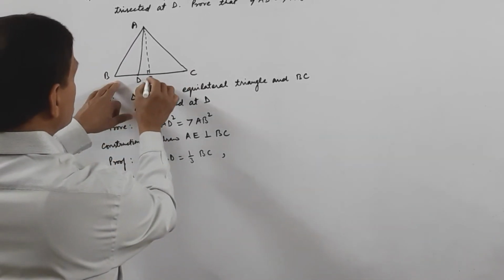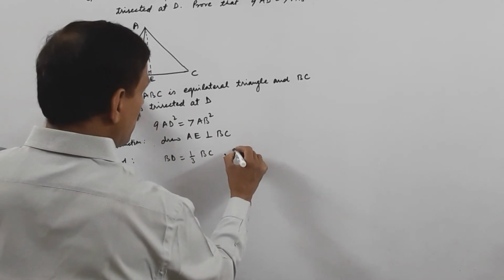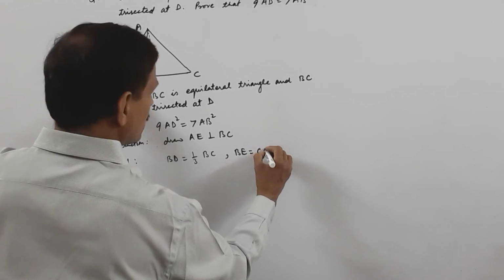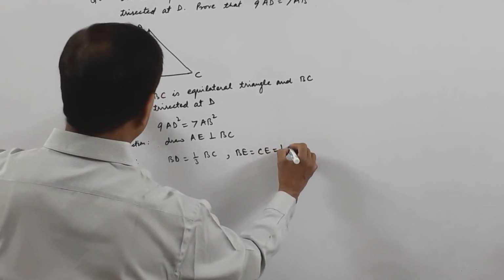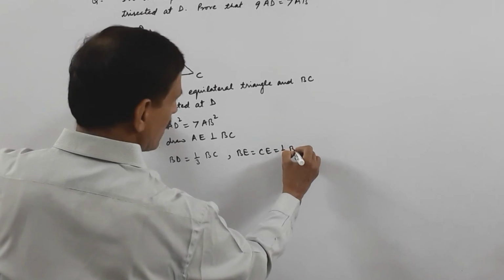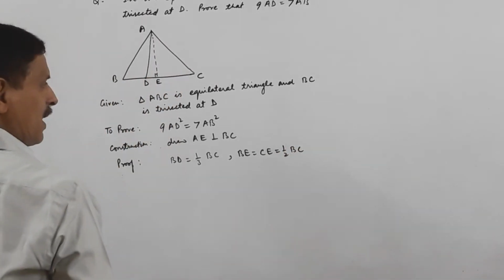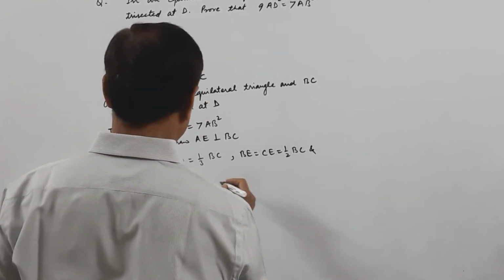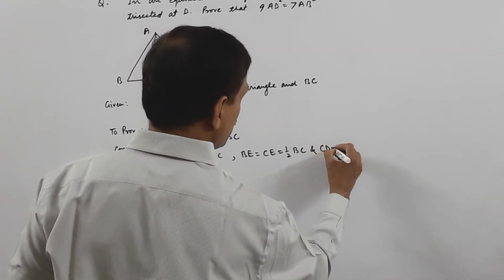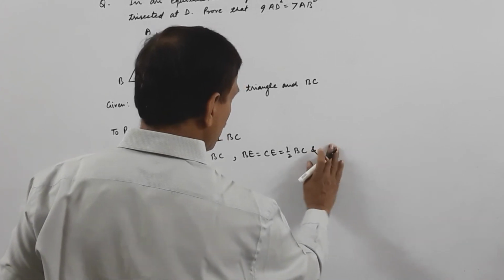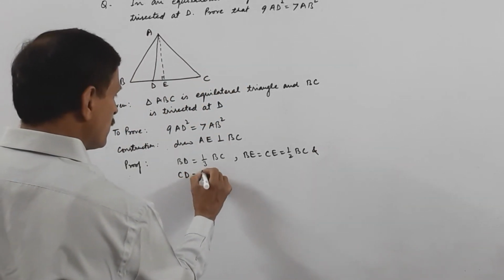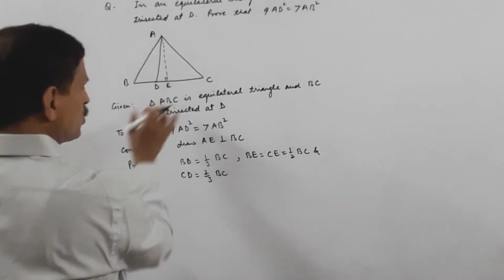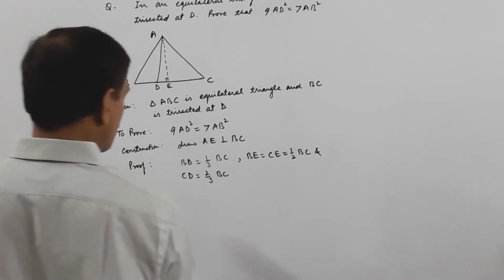Therefore, E is the midpoint of BC. So BE is equal to CE is equal to half of BC, and CD is 2/3 of BC, because BD is 1/3 of BC, so the remaining part is 2/3 of BC.